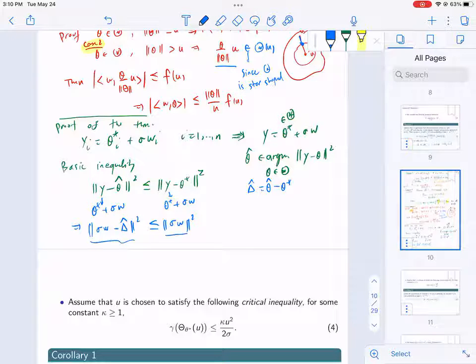One of the terms gets canceled out, so I get delta hat squared. The other term I'm going to move to the other side, sigma w delta hat, and the other term cancels out. So this is the basic inequality. I'm going to put 1/2 here, that's something that we get after simplification.